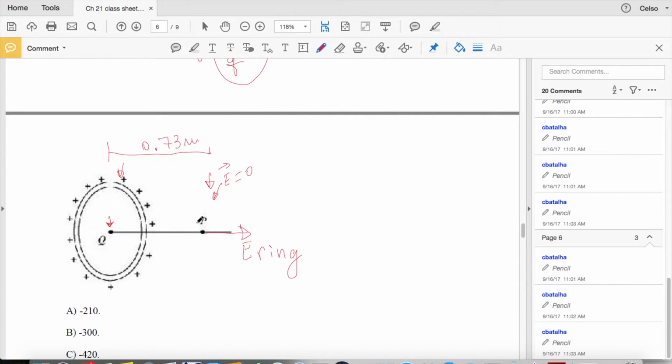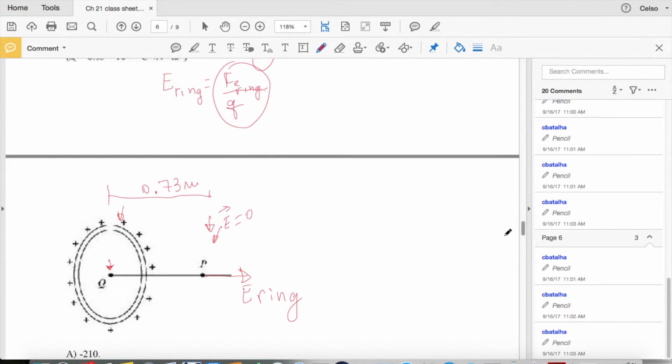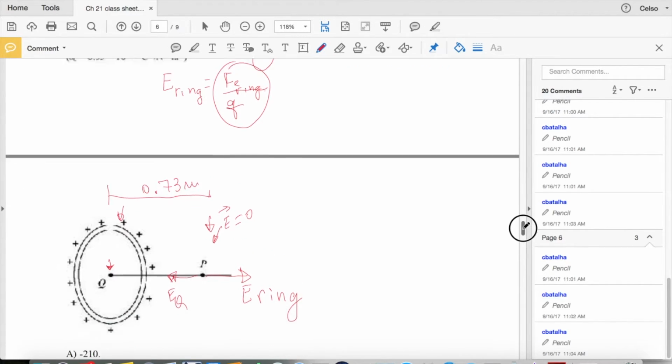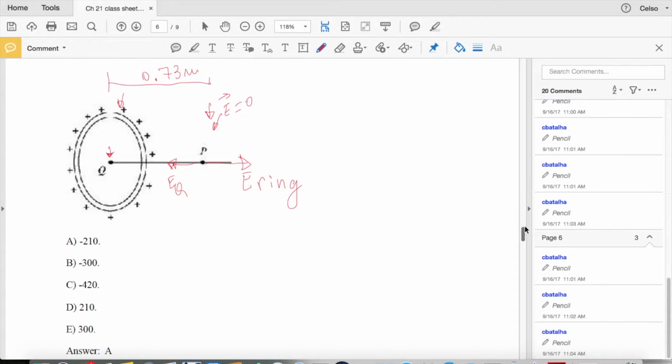Since we wanted the field here to be zero, the charge Q must be a negative charge, because a negative charge creates an electric field that points towards it, right? And then the problem is basically solved.